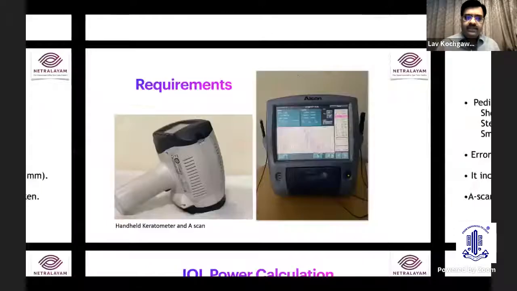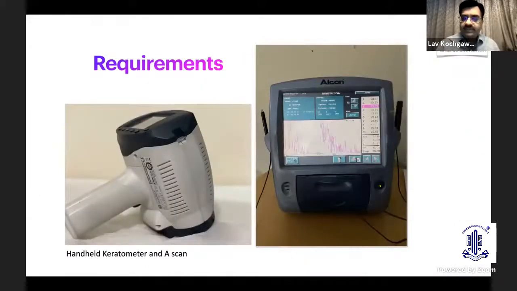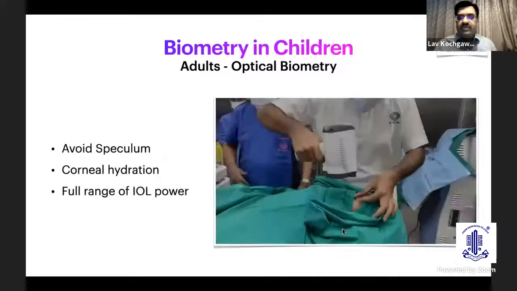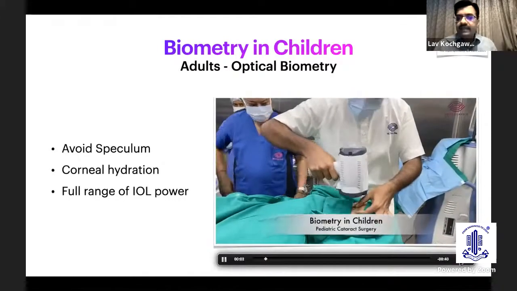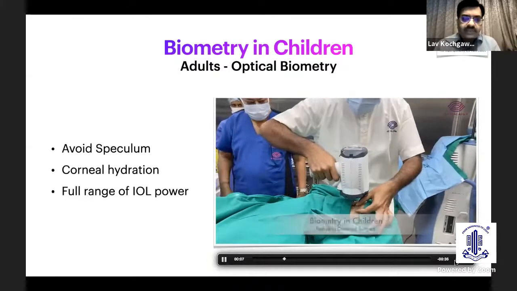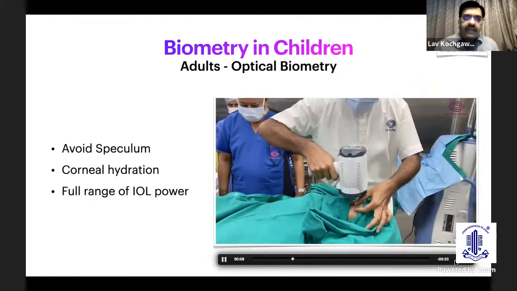minimized. And just to give a representation of how we do it in children, these are the prerequisites for pediatric biometry. And many times when they are not cooperating in the OPD, we may have to do it in the OT itself. And this is a representation of that.